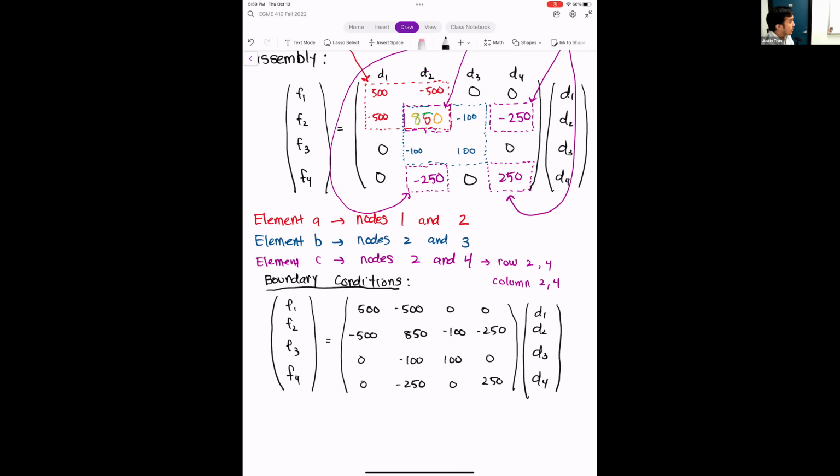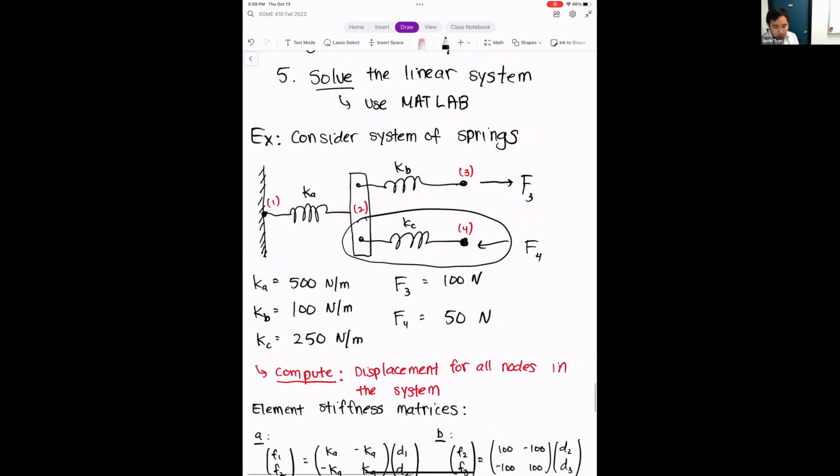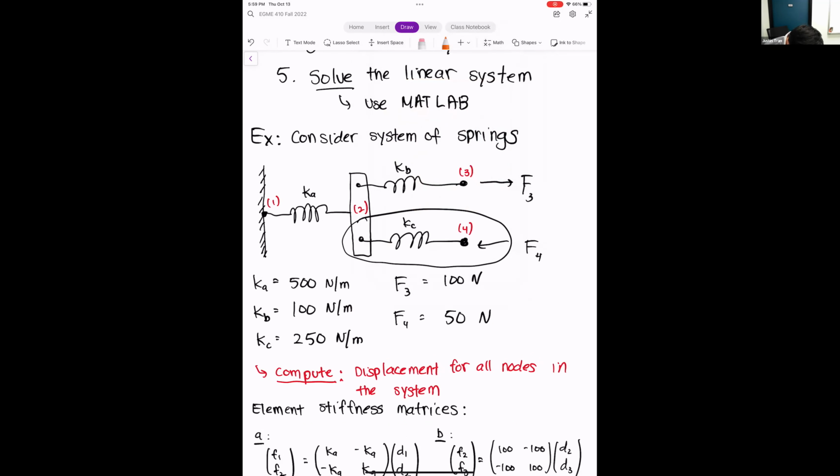All right. And so we have 3 boundary conditions on this problem. If we look back up at the figure here, I'm going to use different colors, node 1 is going to be attached to the wall. And so we have a fixed support, a fixed constraint on node 1.